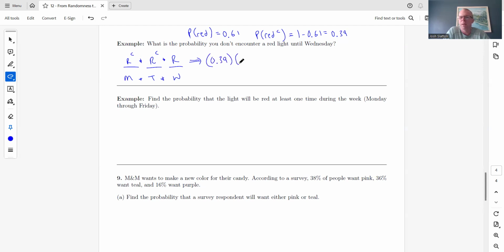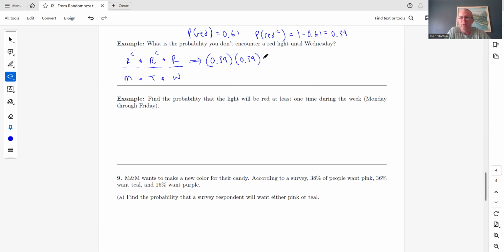Probability you do not get red on Tuesday is still 0.39 because it's not changing. Getting red on Monday or getting yellow on Monday does not change the probability of what you get on Tuesday or Wednesday or the rest of the week. So the probability you do not get red on Tuesday is still 0.39. And then the probability that you do get red on Wednesday is 0.61.